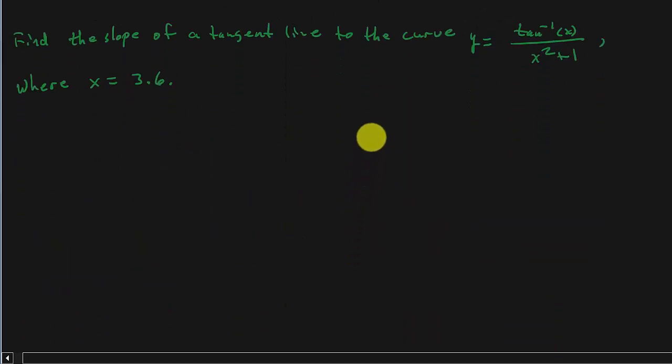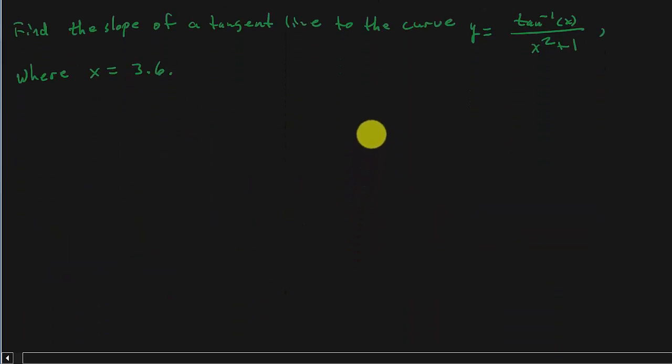All right, so let's take a look at this one. All right, so here's one of the applications. We've got find the slope of a tangent line to the curve y equals inverse tangent x over x squared plus 1, where x is equal to 3.6.